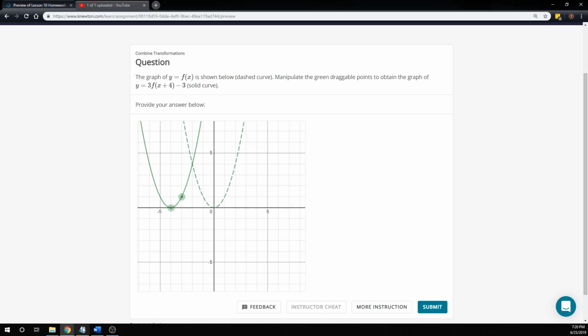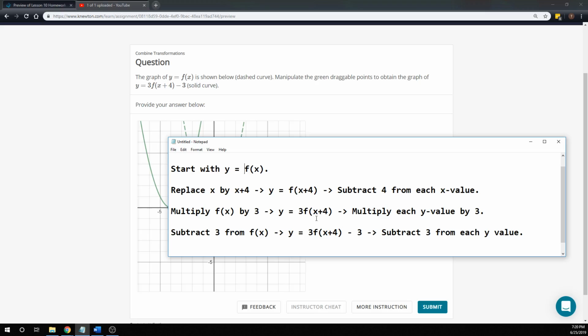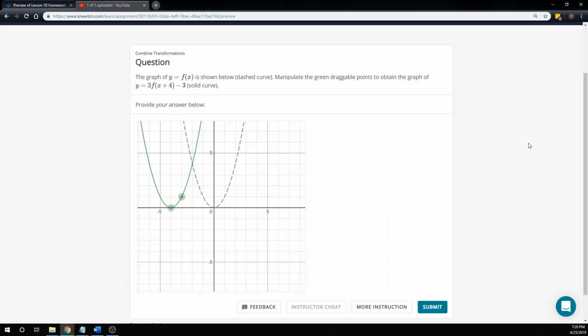Okay, so on to the next one. On the next one, it says the pointwise effect was to multiply each y value by 3. So when I click this green point, its y value is 0. 0 times 3 is 0, so that point actually stays put. Doesn't move anywhere.